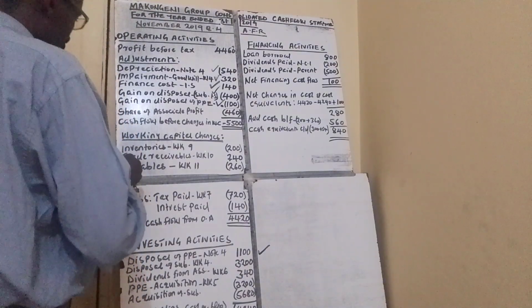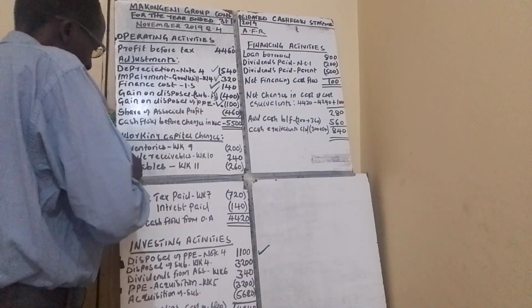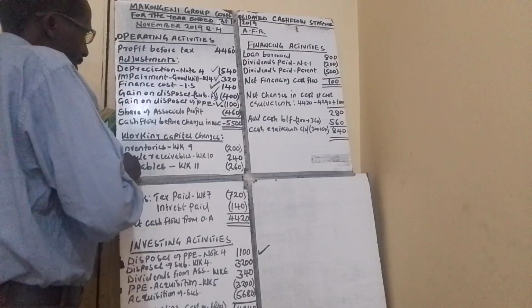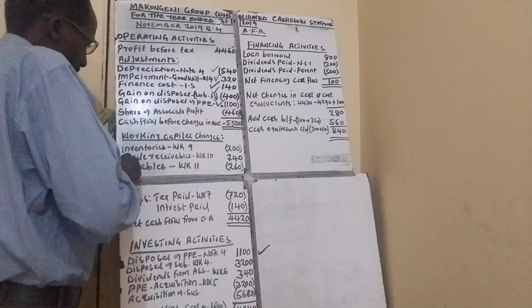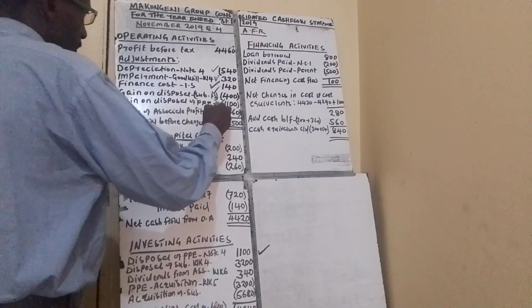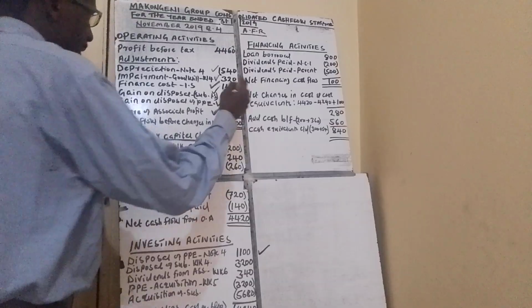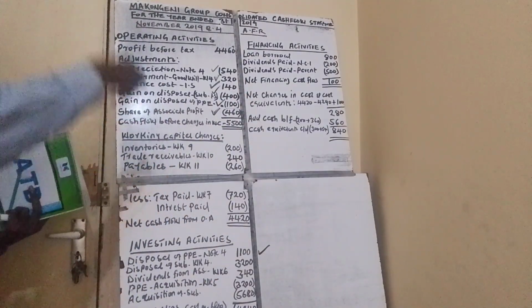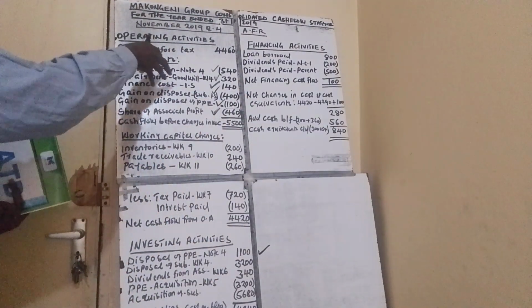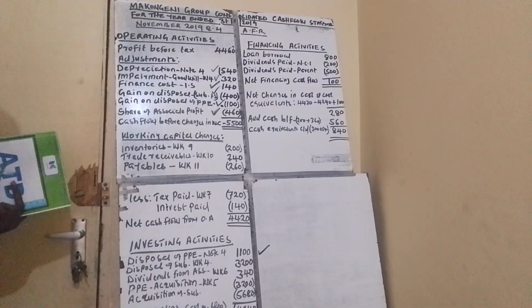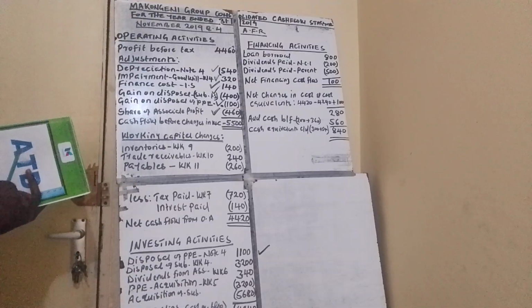But that is a misplacement. That's a misplaced item. It should be deducted. Share of profit from the associate is not operating activity. That should have gone to investing activities.